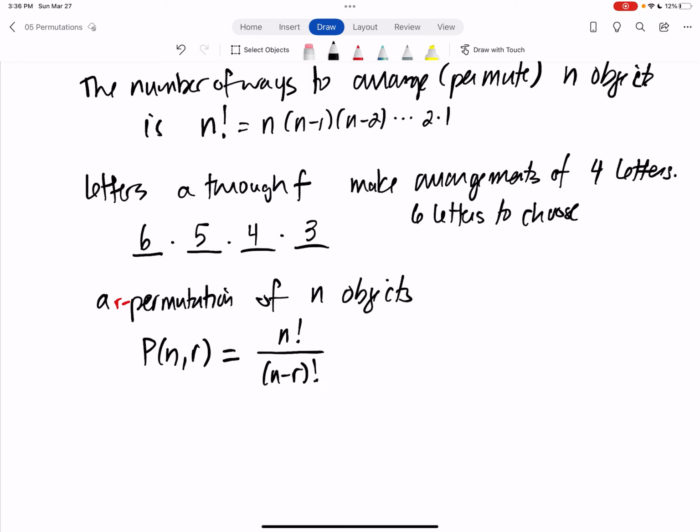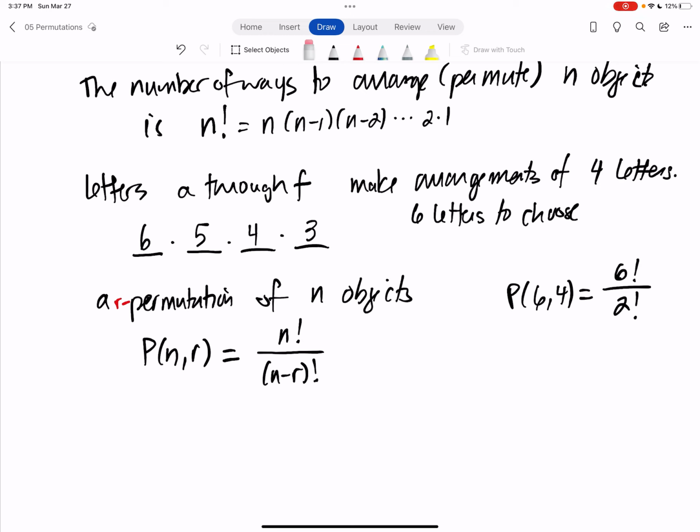Because what you see is in the example we did P of 6, choose 4. So we did 6 factorial divided by 2 factorial, because notice the 2 and the 1 at the end were missing. We took away that 2 factorial because we only want to do the first R objects. So this is the way to compute a permutation.